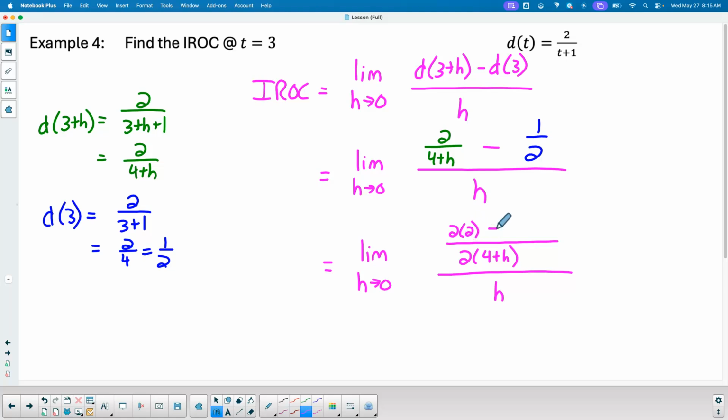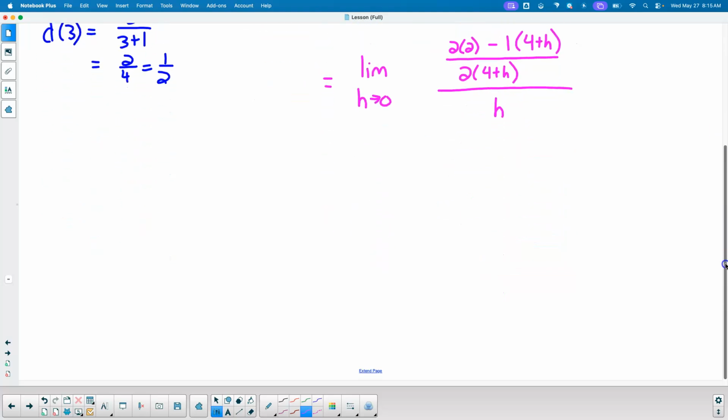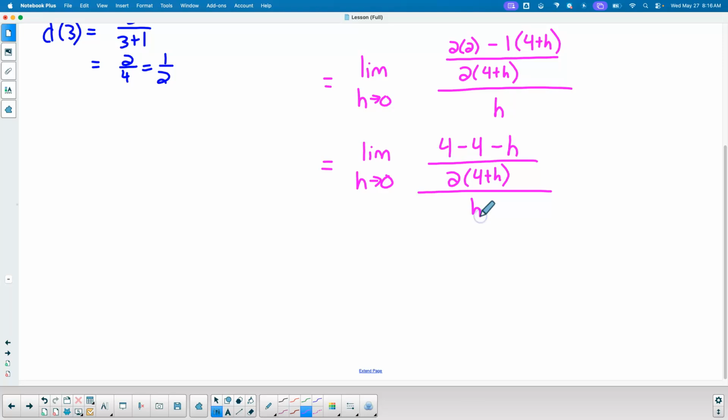The second one is missing a 4 plus h. With me? Okay. So then this would become 4 minus h all over 2 times 4 plus h, still all over h.